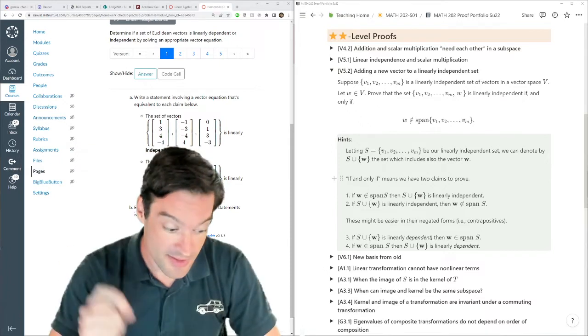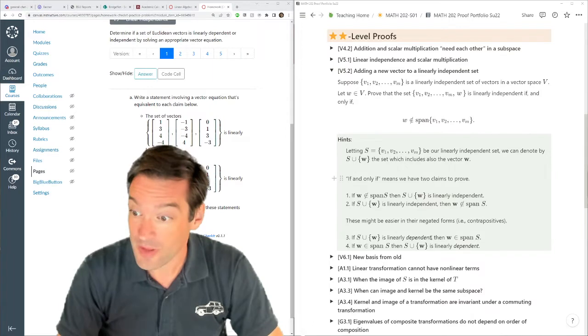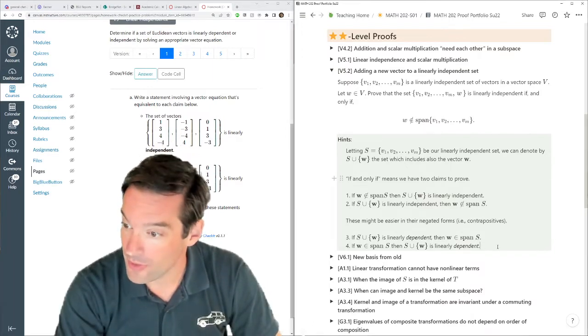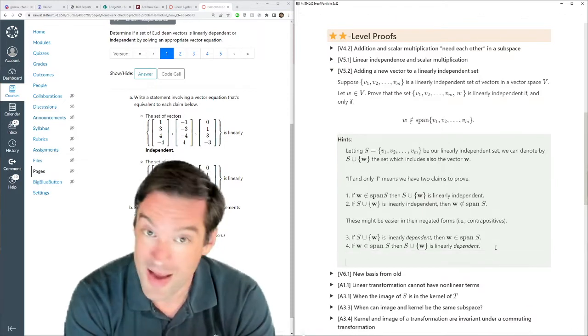It means that there exists a non-trivial linear combination of the vectors in our set, which gives us the zero vector.